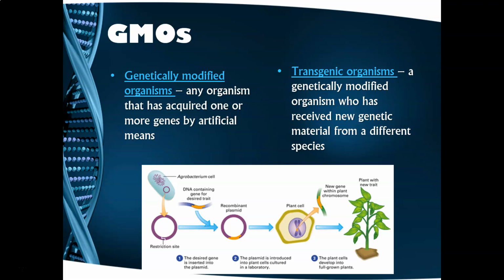So if you look at the figure down here at the bottom, here we're creating a transgenic or genetically modified organism by taking a plasmid out of a particular agrobacterium. So it's a particular bacteria species that is really well known for causing infections in plants.